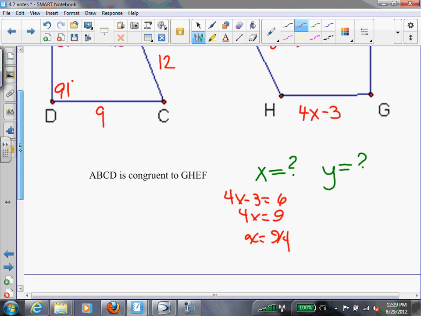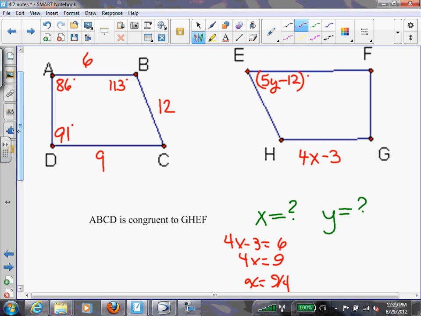All right? If I want y, y is angle E. What is angle E congruent to? I've got lots to choose from, so don't go by the way it looks. Go by the congruency statement. Claire? Angle C, so 5y minus 12 equals angle who? But I don't have angle C. You sure you get 180?